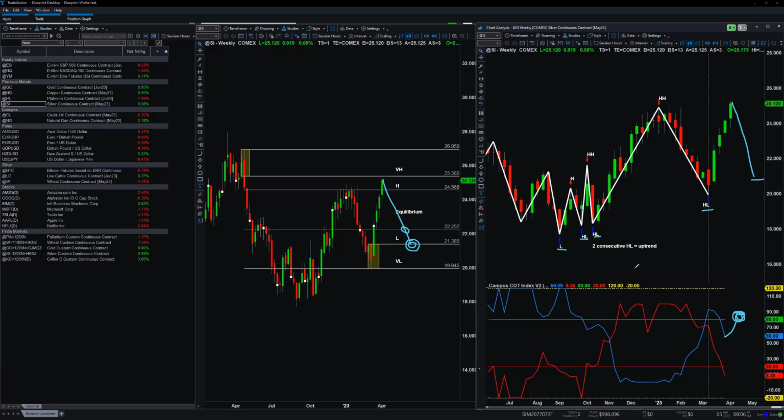All stars aligned. And ideally with the divergence of the retailers also being sellers. So the retailers being sellers, commercials being buyers, price is in low or very low, and the trend is up.